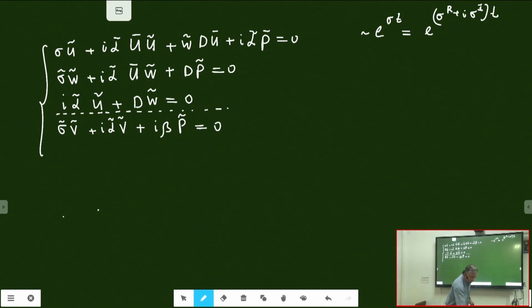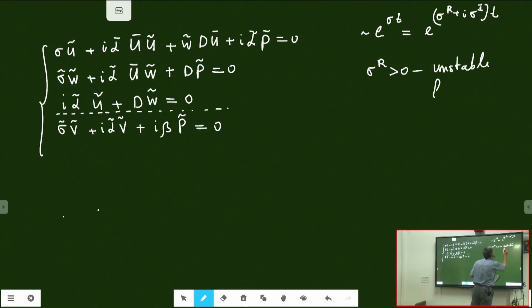But now let us consider the case of unstable flow. So what does that mean? If sigma r is greater than 0, unstable basic flow. I will use BF for denoting basic flow. Is that clear why?